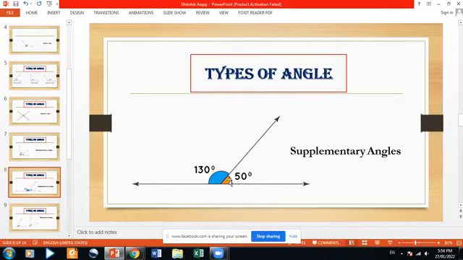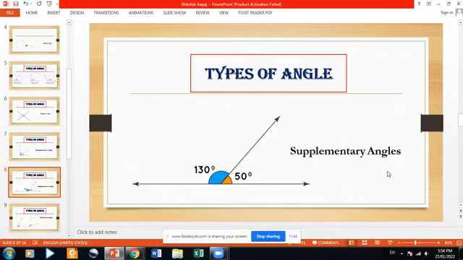See, in blue, one angle is 50 degrees and in yellow, a 50 degree angle, and a 130 degree angle in blue. If we add them, the sum will be 180 degrees. So, it is very simple to define the supplementary angles.